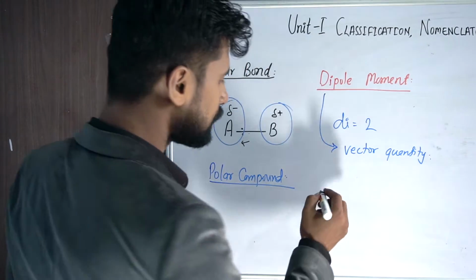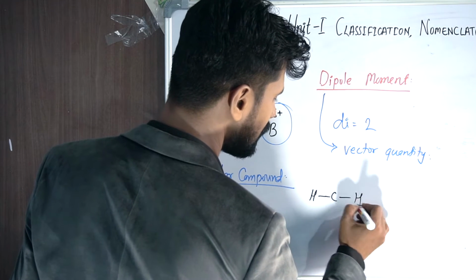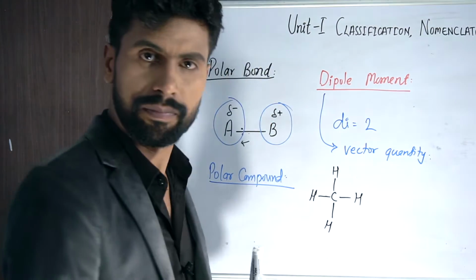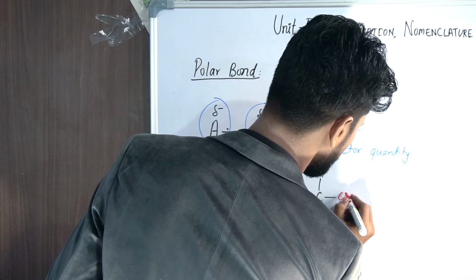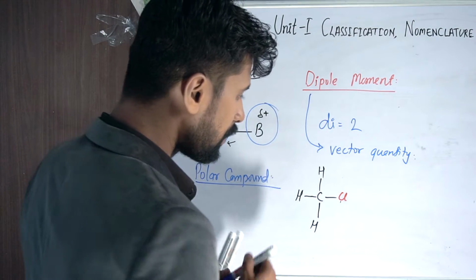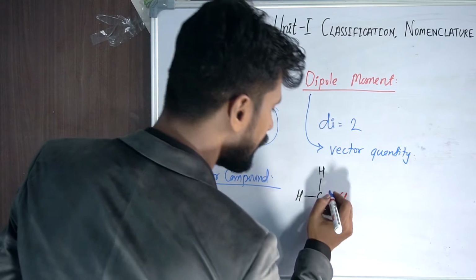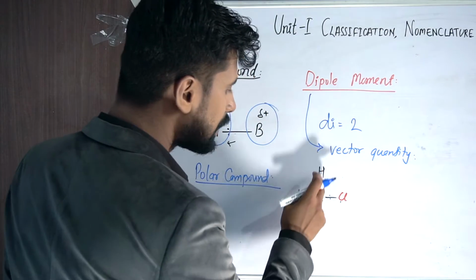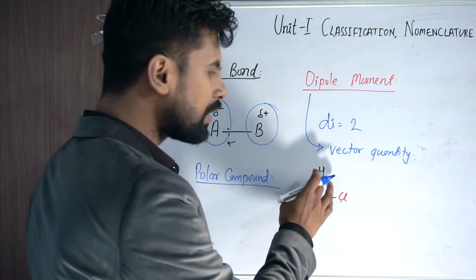Okay, so suppose there is a compound, carbon, hydrogen, here is hydrogen, here is also hydrogen, right? Now suppose this hydrogen I am going to replace with chlorine. Okay, so you know that chlorine is more electronegative than carbon, right? So here is a bonding electron, here is also a bonding electron. Since carbon and hydrogen both have the same electronegativity, the bonding electron will not move.